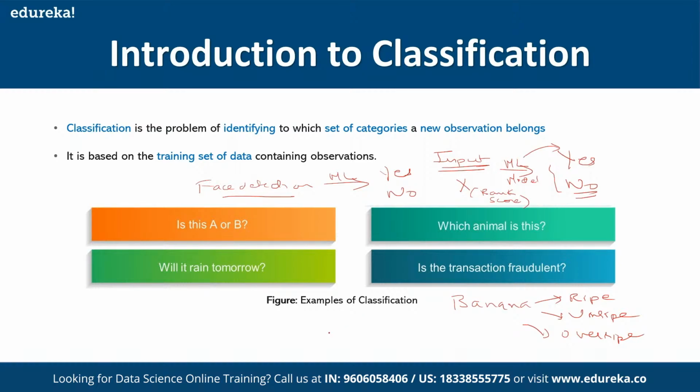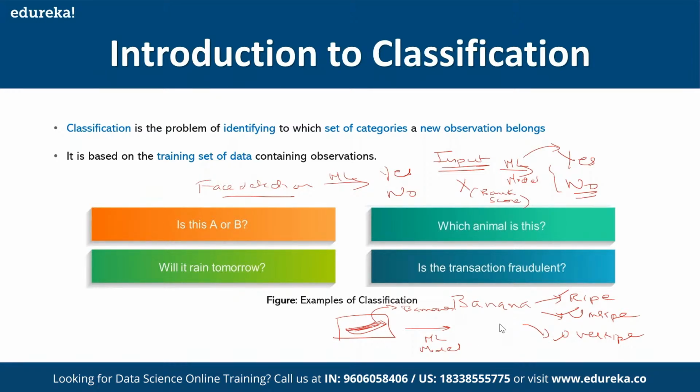My input to that model was a picture of, say, a banana. Sorry for the bad drawing. Let me write it, otherwise you will not understand that it's a banana. Now I feed it to a machine learning model. It needs to tell me whether this banana is ripe, unripe, or overripe.